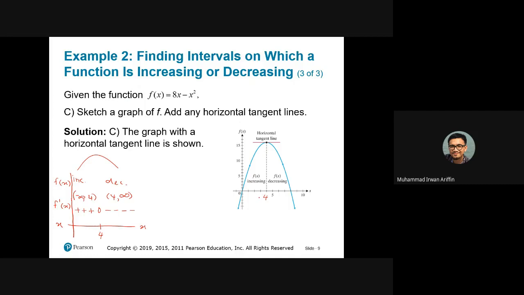When x is smaller than 4, the slope is all positive, and then it becomes smaller and smaller until it becomes 0 at the horizontal tangent line. This is where the slope f prime of x equals 0.